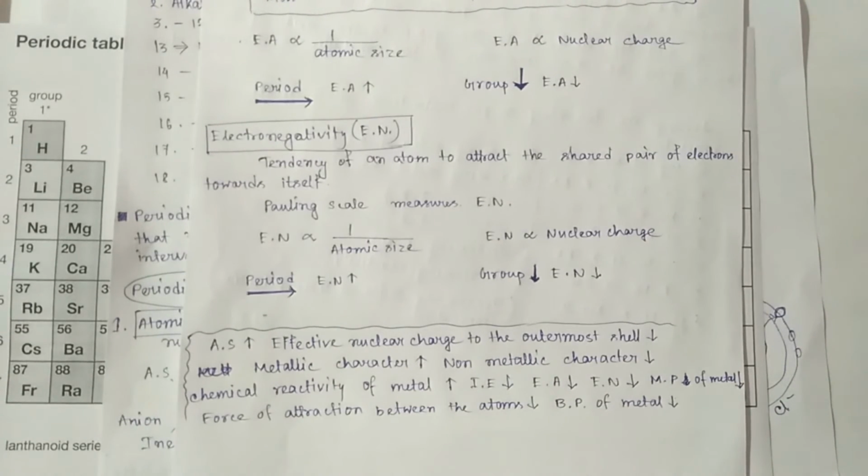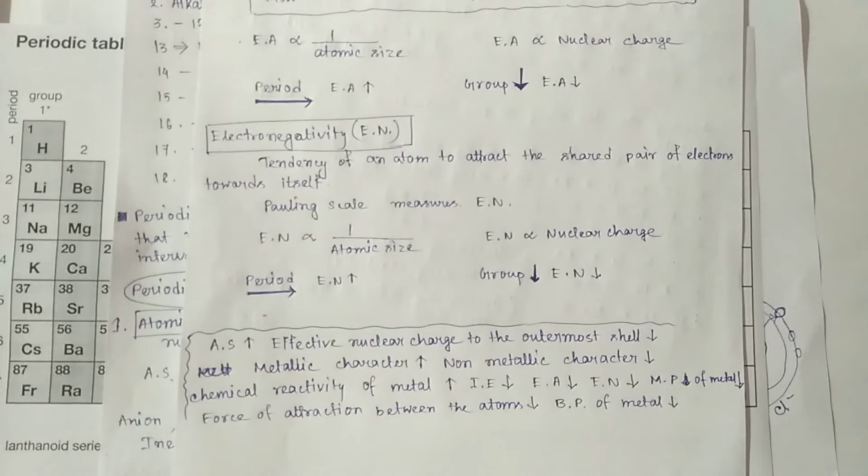Electronegativity is the tendency of an atom to attract the shared pair of electrons towards itself. It is mainly observed in elements that form covalent bonds, and the Pauling scale measures this electronegativity.